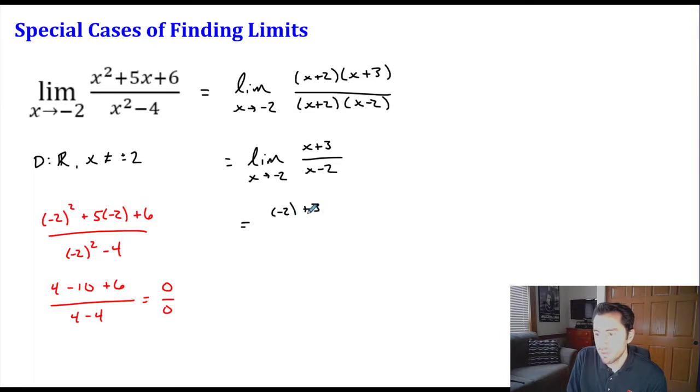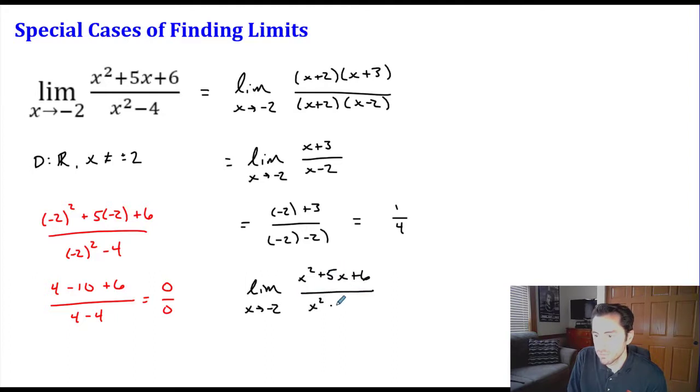So -2 plus 3, and then -2 minus 2. And it looks like we end up with 1 over -4. So altogether, the limit as x approaches -2 of our original rational function is equal to -1/4.